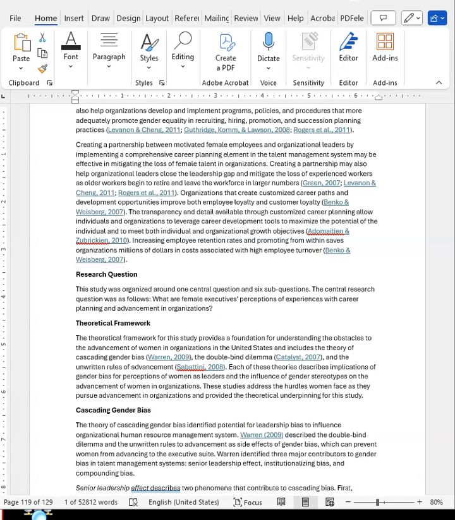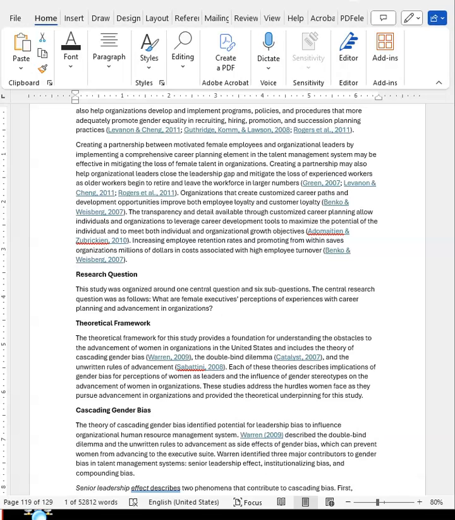Rogers et al., 2011. Creating a partnership between motivated female employees and organizational leaders by implementing a comprehensive career planning element in the talent management system may be effective in mitigating the loss of female talent in organizations. Creating a partnership may also help organizational leaders close the leadership gap and mitigate the loss of experienced workers as older workers begin to retire and leave the workforce in larger numbers.